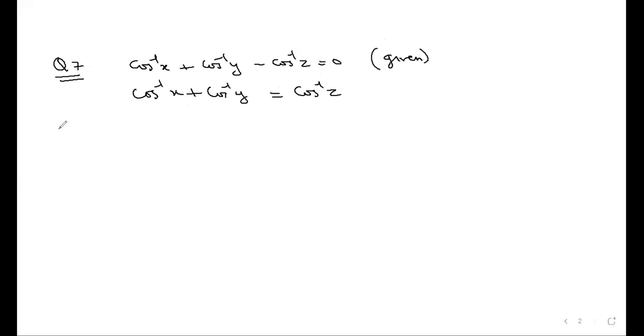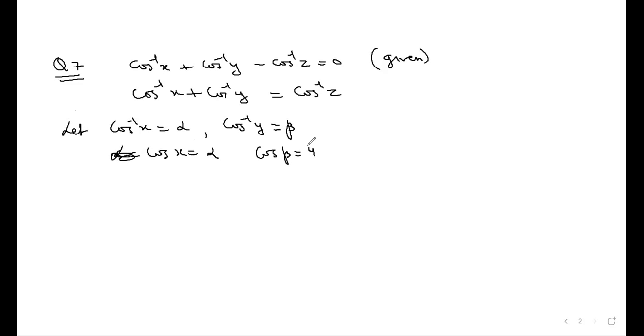So to add this both, let cos inverse of x equal to alpha and cos inverse of y equal to beta. Don't put direct formula, ये आपको करना पड़ेगा. So cos alpha is x and cos beta is y.